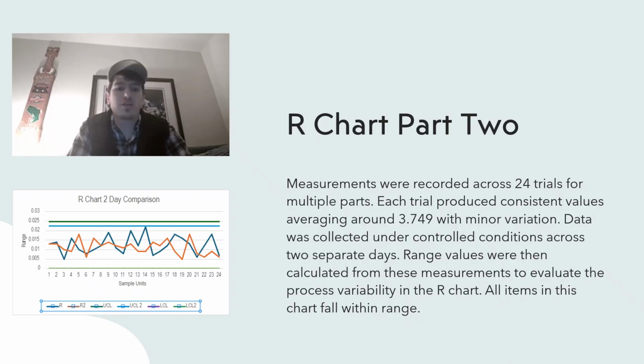So for our R chart for part 2, now we see our measurements. Again, they were recorded across 24 data sets, again, multiple parts. And each trial in this R chart, our range chart, was produced, and consistent values were ranging around 3.749 with minor variation across the range chart.